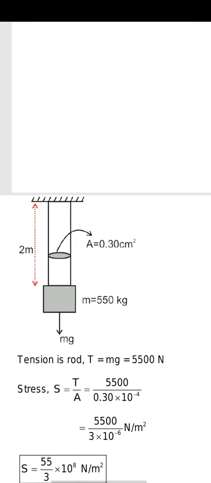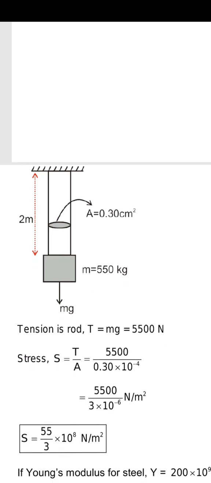Okay, again we have been told that there is a mass of 550 kgs. So we have indicated that's the mass. It is hanging as we can see, and we already said that since we have mass and it is hanging, there is acceleration due to gravity. We can calculate the weight, which is equal to mass times gravity.